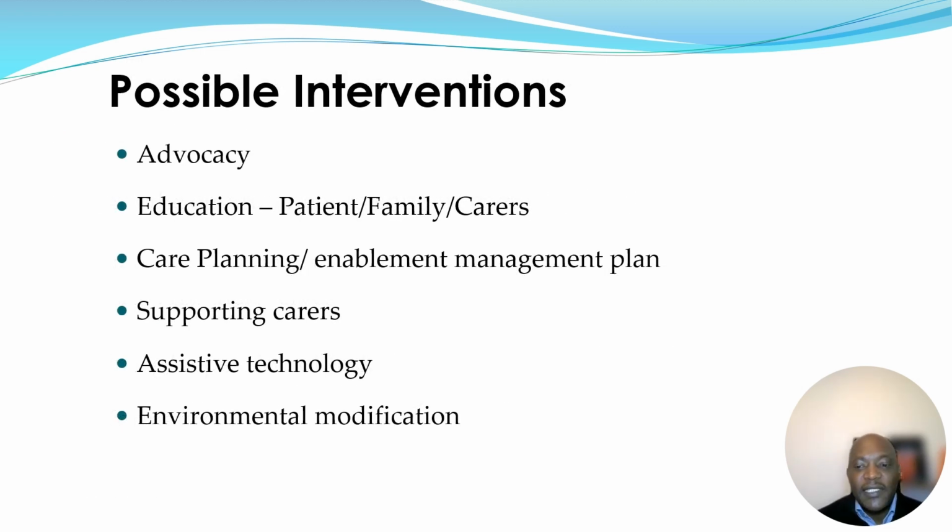The possible interventions could be advocacy on behalf of or together with the service user. It could be education of the service user or their family or the carers or caregivers. It can also be care planning or an enablement management plan, putting down a care plan, identifying the supports that the service user requires, and identifying who is the appropriate person to provide that support.